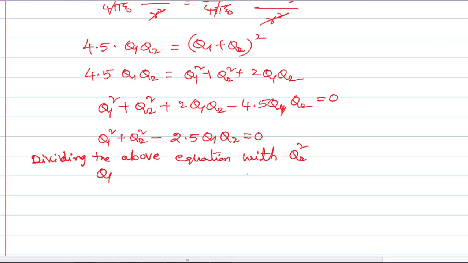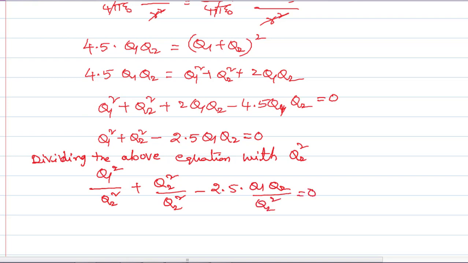When I divide the above equation with q2 square, we get q1 square divided by q2 square plus q2 square divided by q2 square minus 2.5 times q1 q2 divided by q2 square is equal to 0.